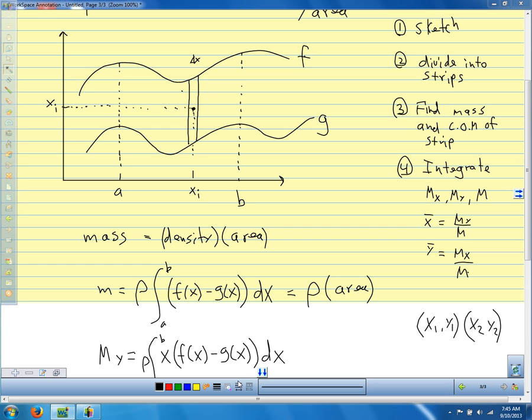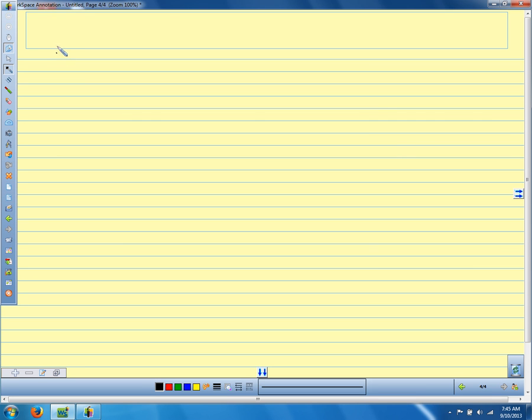All right, let's look at an example of calculating a center of mass. Moments and center of mass of a planar lamina. So this is how your problems are usually going to be stated.